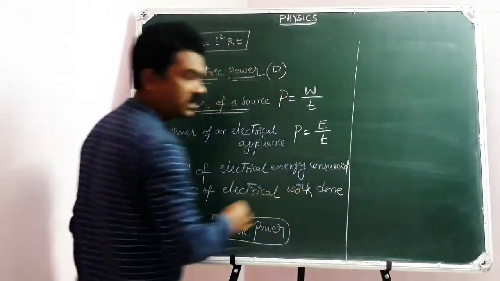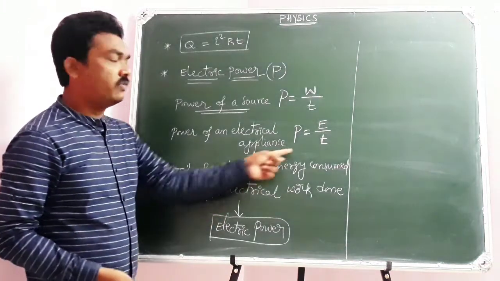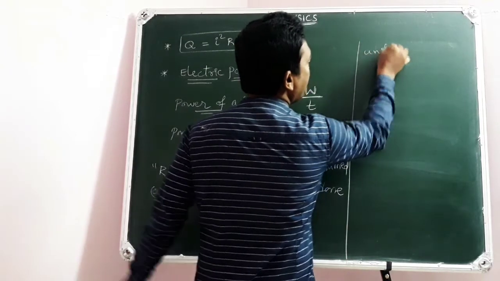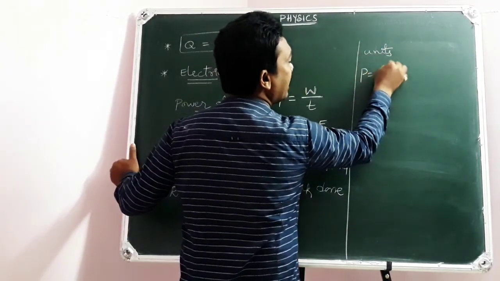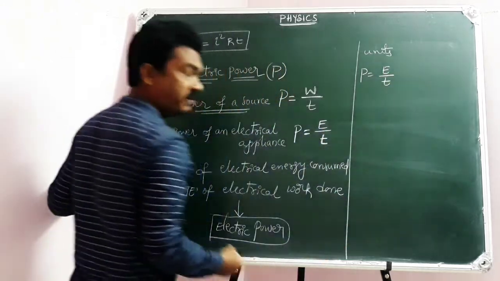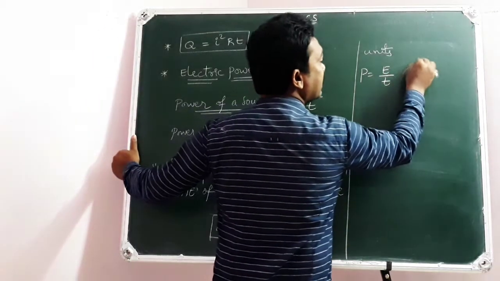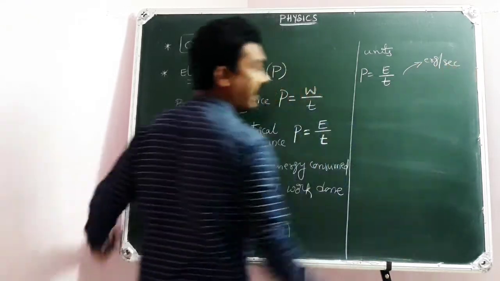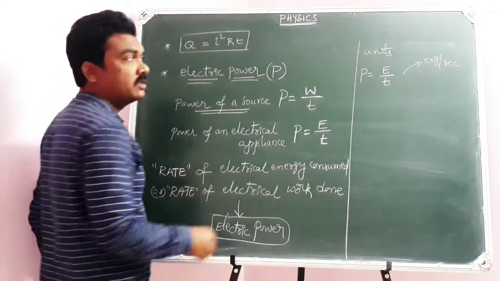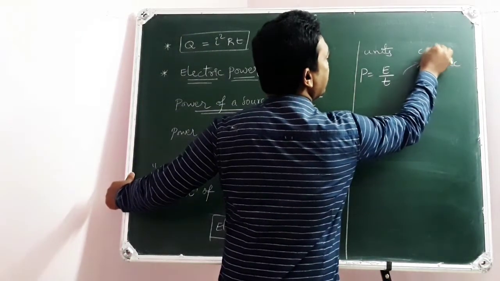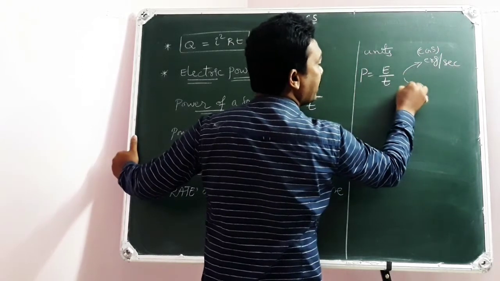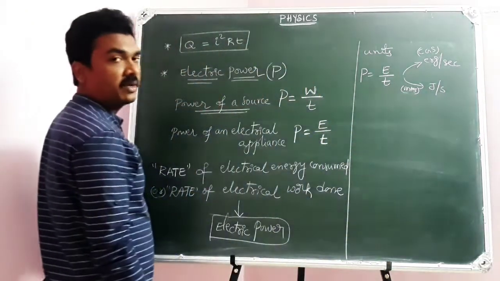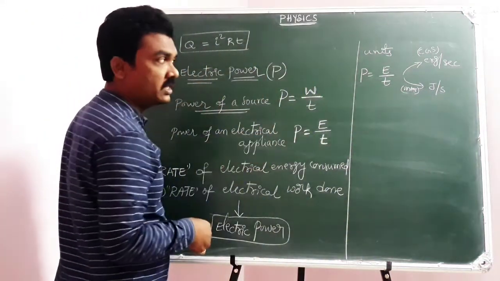After defining this physical quantity, usually the definition and formula, we have to come across its units. Electric power is equal to electrical energy consumed per unit time, E by T. In the CGS system, energy is measured in erg and time in second, so erg per second is the CGS unit. In the MKS system, it is joule per second, because energy is measured in joule and time in second.